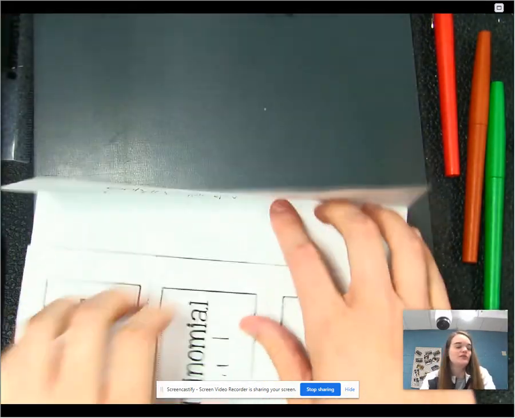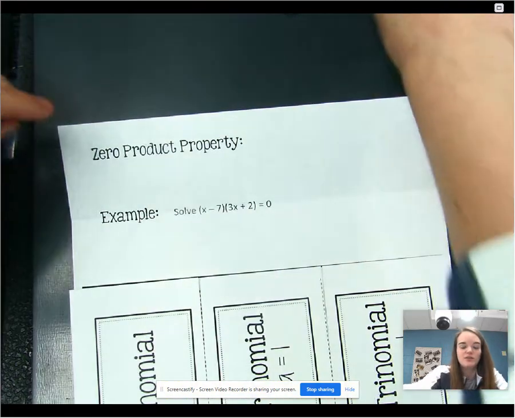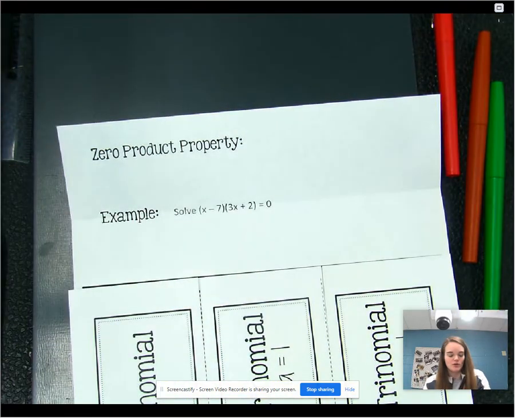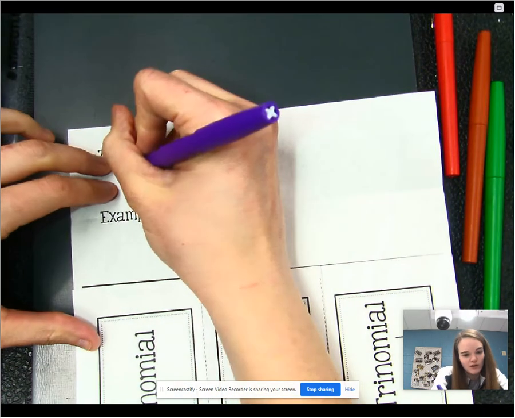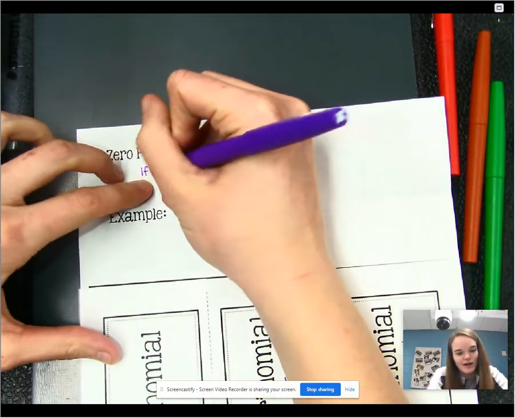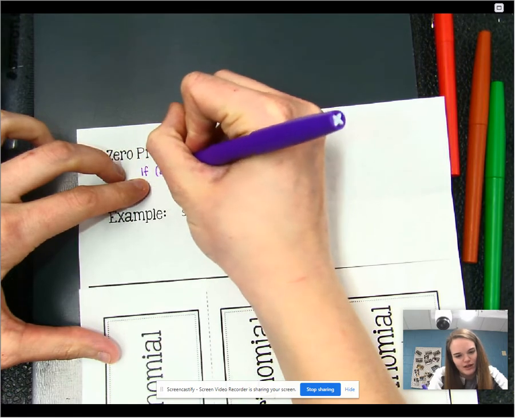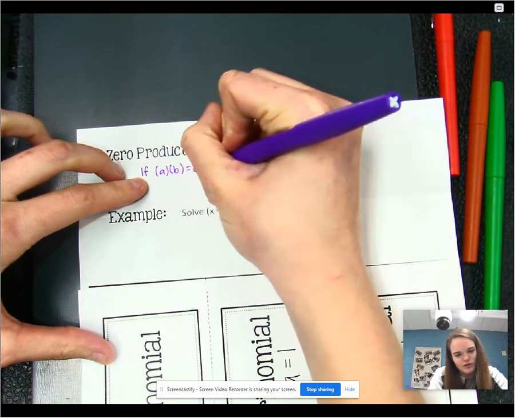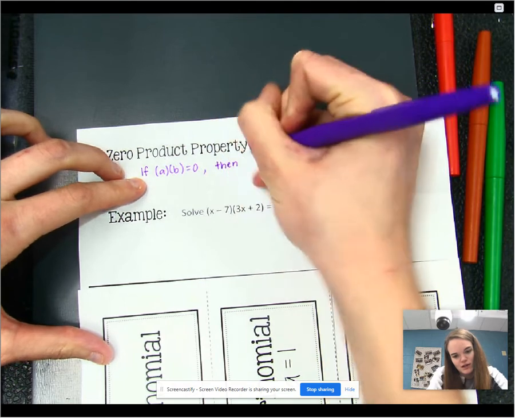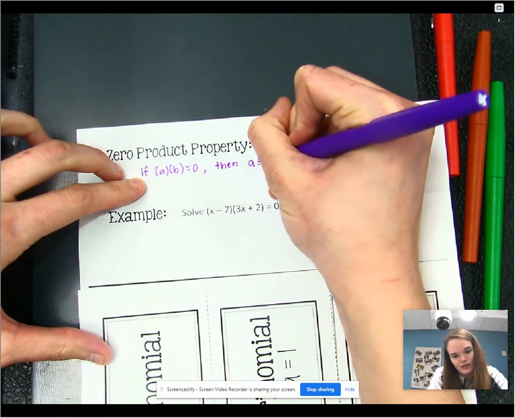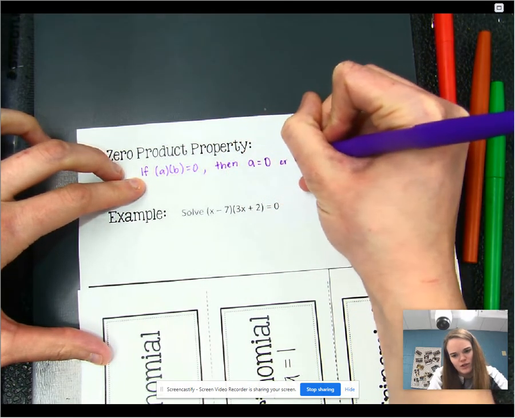Now, let's talk about what the zero product property actually says. The zero product property says if you have a product like a times b, and it equals 0, then either a equals 0 or b equals 0.